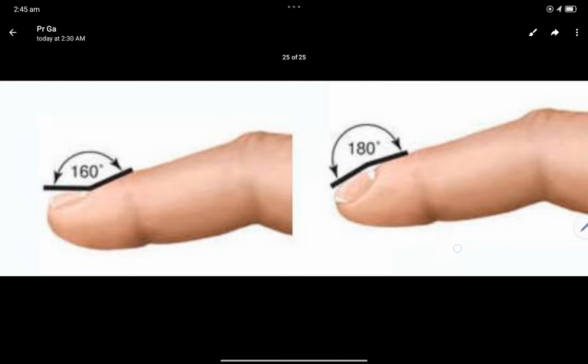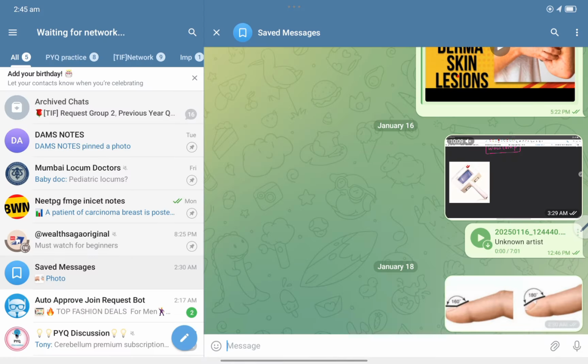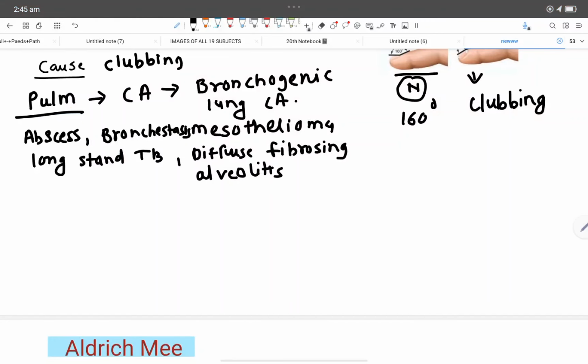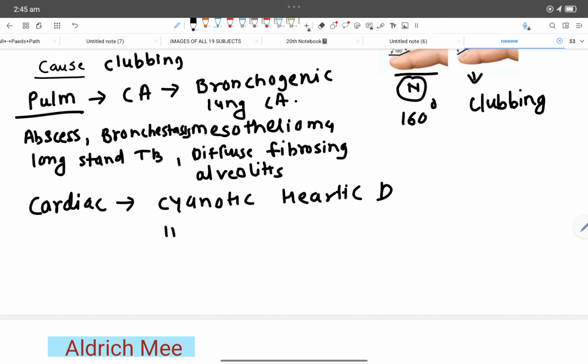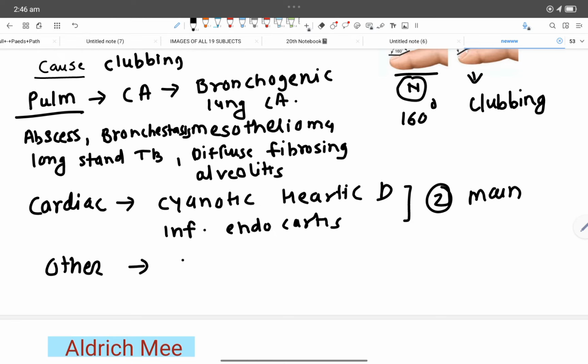In cardiac causes, cyanotic congenital heart diseases and infective endocarditis are the main cardiac examples. In others, cirrhosis of liver, Crohn's disease, and ulcerative colitis are other examples of clubbing.